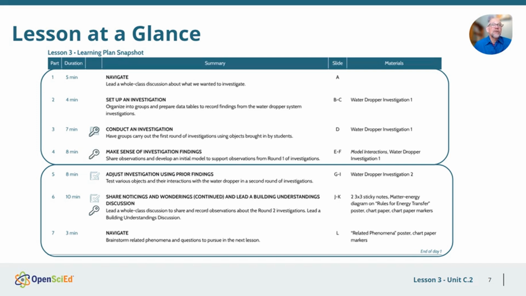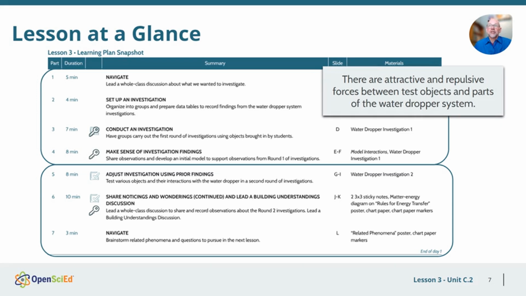Students then share their noticings and wonderings and build an initial model for what caused the interactions they observed. At this point, they should recognize that there are attractive and repulsive forces between test objects and parts of the water dropper system.